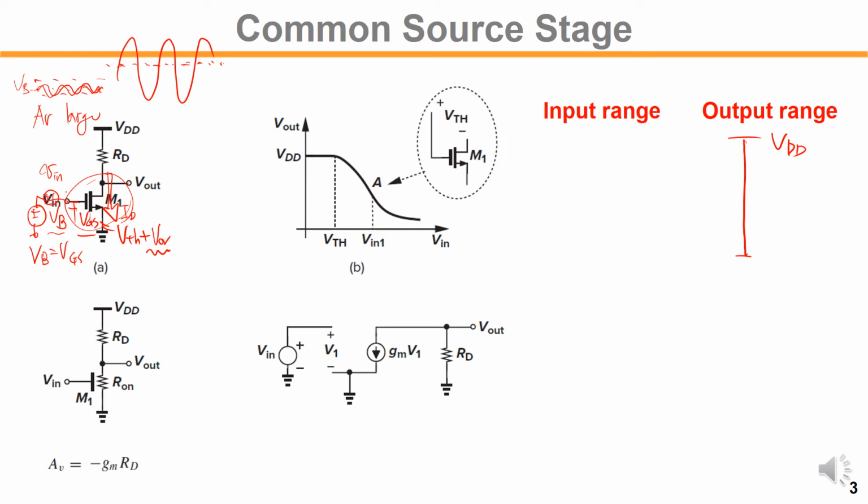So the minimum voltage at the output is the overdrive voltage, VGS minus VTH, meaning VB minus VTH. This can be approximated assuming AV is large. So this is the output signal range, to make sure M1 is in saturation.